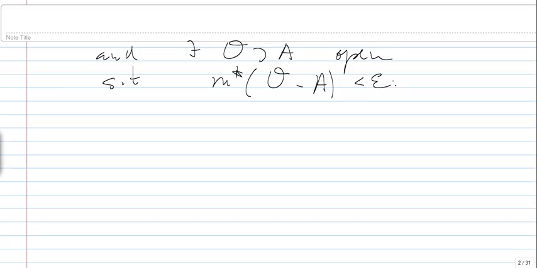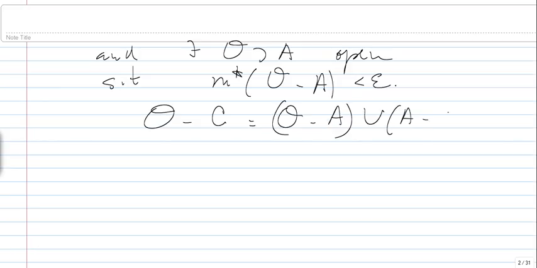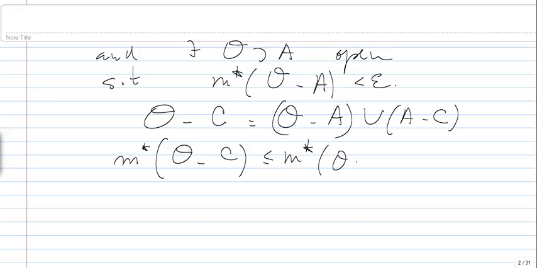So if we consider O minus C, it's very easy to check that this is O minus A union A minus C, which implies by the properties of the outer measure that the outer measure of O minus C is less or equal than the outer measure of O minus A plus the outer measure of A minus C, which is going to be less than 2 epsilon.